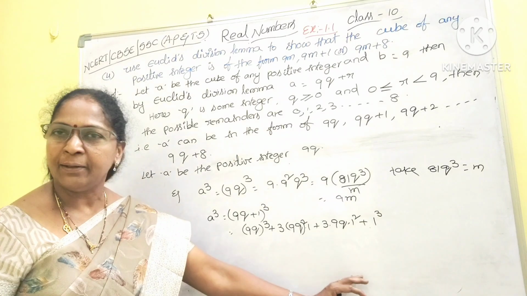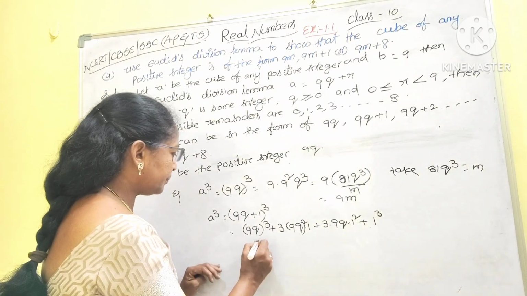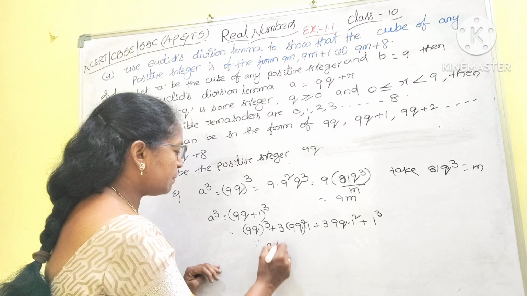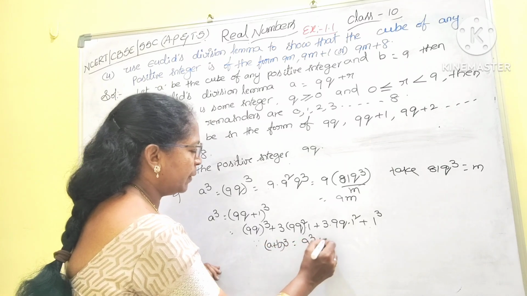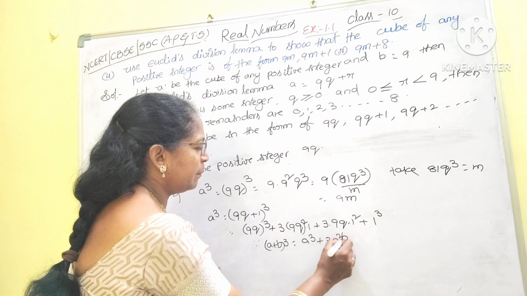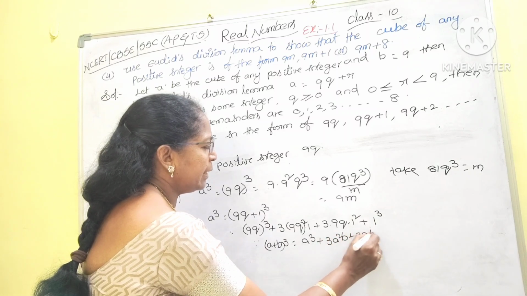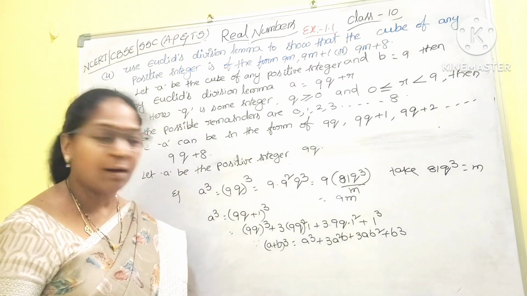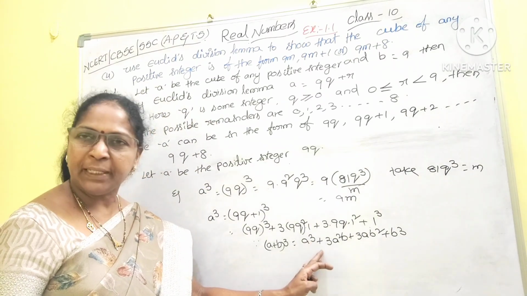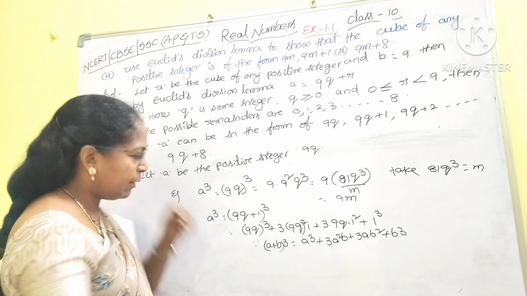First you have to write down this formula: a plus b whole cube equal to a cube plus 3a square b plus 3ab square plus b cube, or a cube plus b cube plus 3ab into a plus b, anyone you can write.